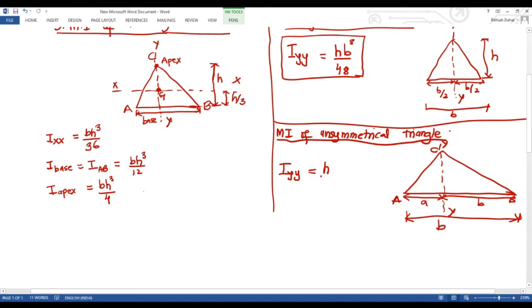So my moment of inertia about Iyy will be equal to H A cube by 12 plus H B cube by 12, where H is the height of the triangle. So this will be my moment of inertia of an unsymmetrical triangle about the YY axis.